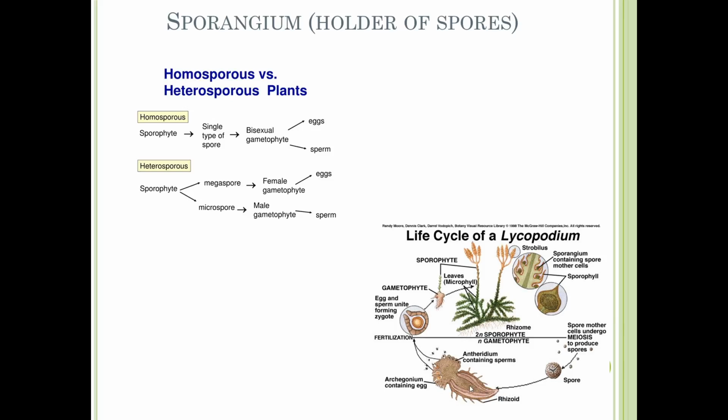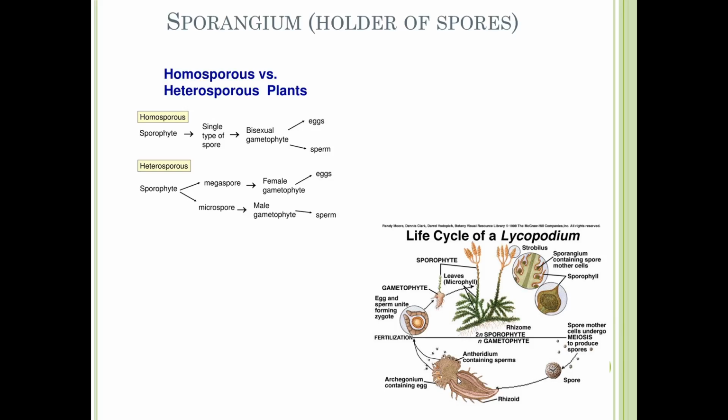They go through, they make a gametophyte. So this gametophyte you can see is very small. It has a very short life, basically has enough minerals and sugar in it just to survive long enough to make both egg and sperm. So this is an example of the bisexual gametophyte.